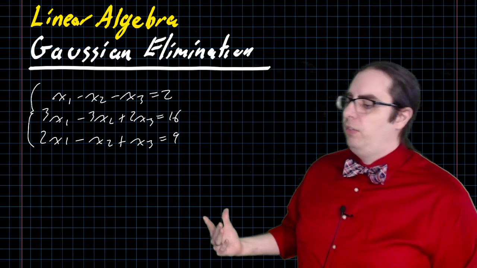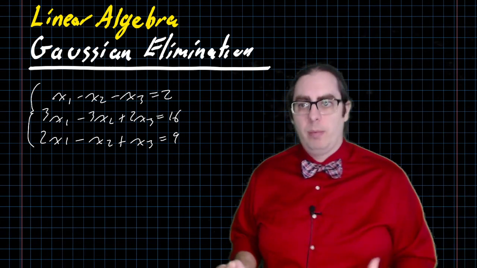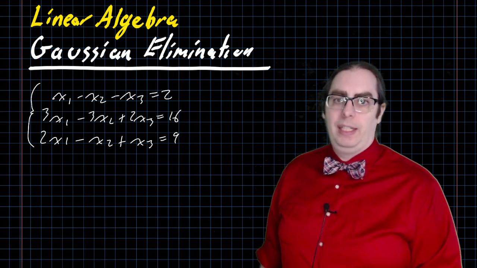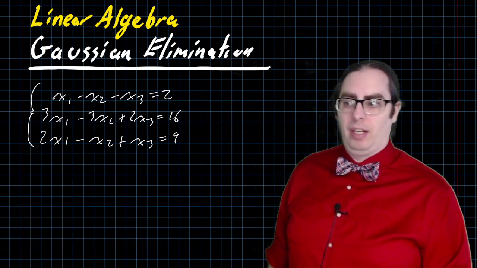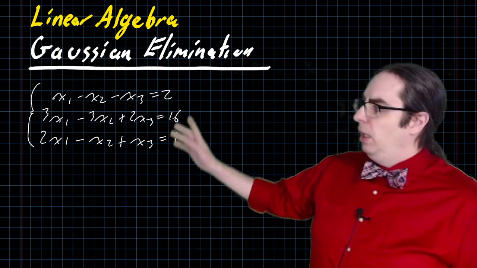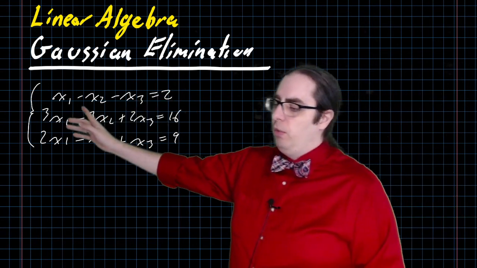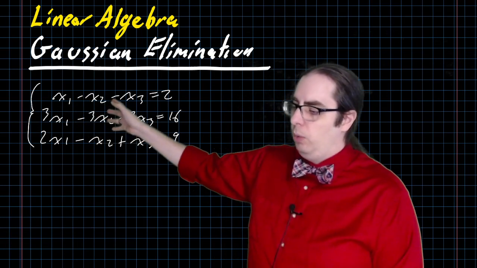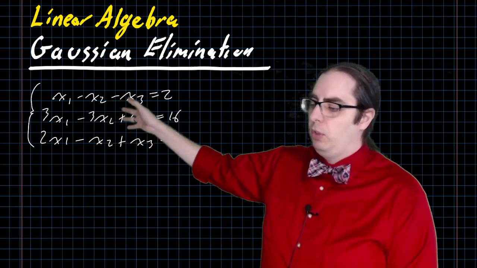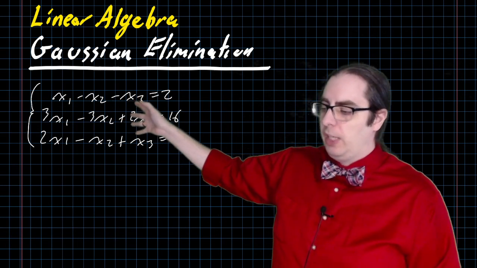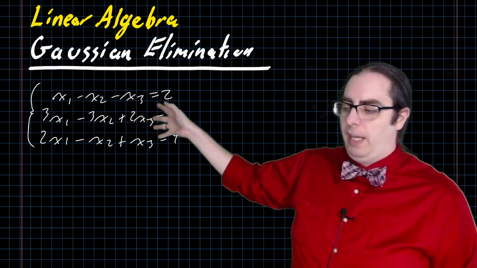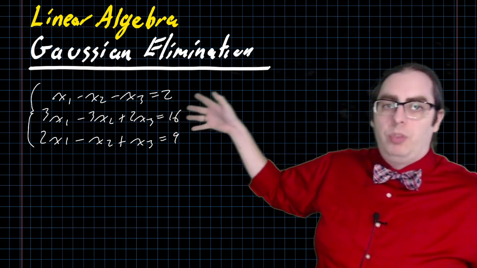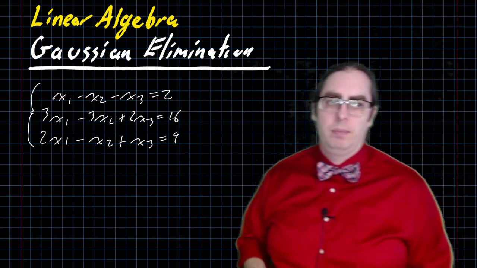If you look at any system of equations, it's not a very efficient way of writing down the information that's necessary. In every equation in a system of equations, you have some number being multiplied by x1, you add or subtract, you have some number, you multiply by x2, you add or subtract, you have some number, you multiply by x3, you keep going if there are more variables, you write down an equal sign, you write down a constant.